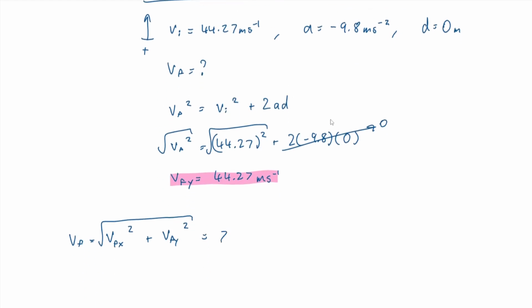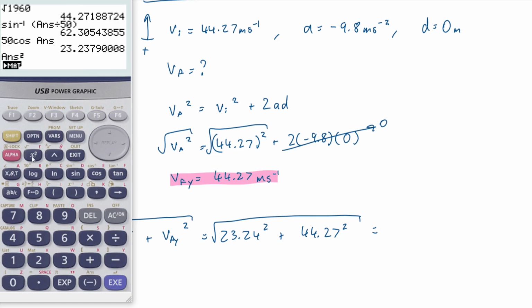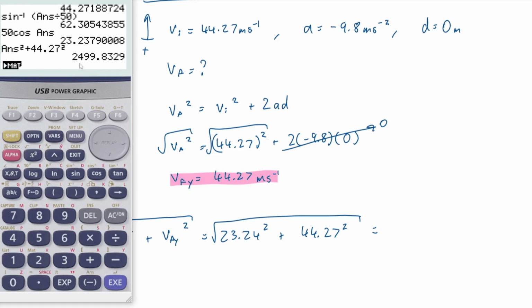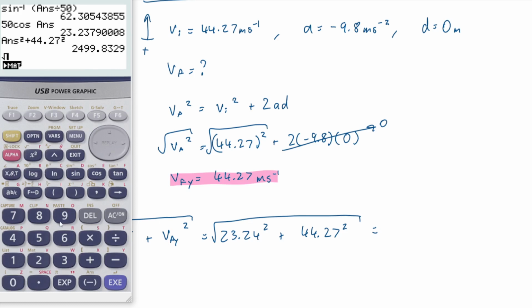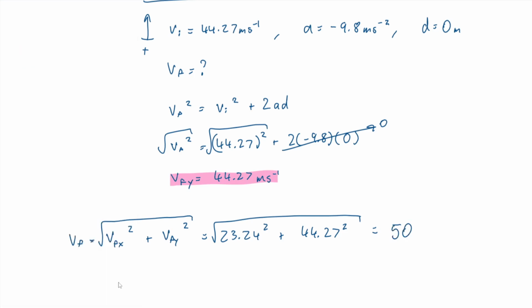So that's 23.24 squared plus 44.27 squared, all square rooted. So I'll use the previous answer for my 23.24. So shift answer squared plus 44.27 squared. So that's 2500. And then we do square root of that answer to give 50 meters per second.